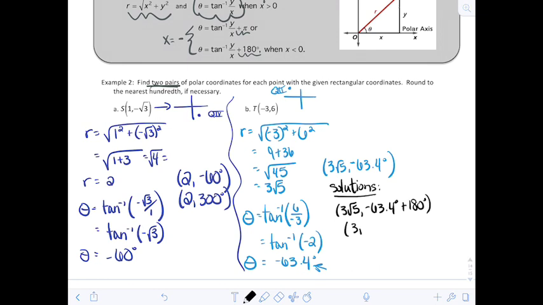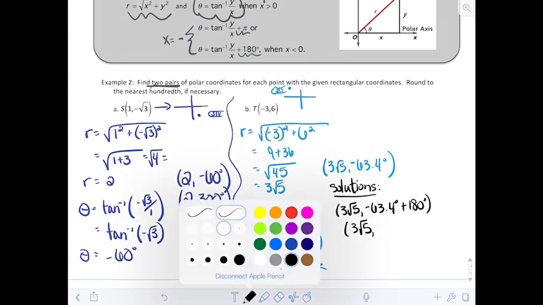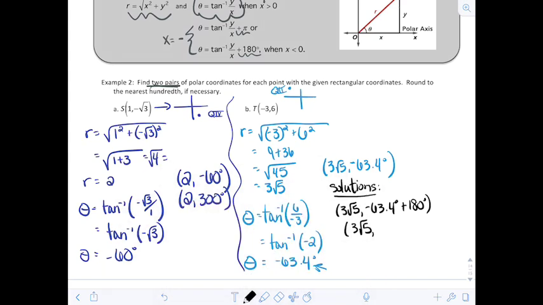So that's going to be 3 root 5. And when I add 180 degrees, that is going to be, let's see, 116.6 degrees.